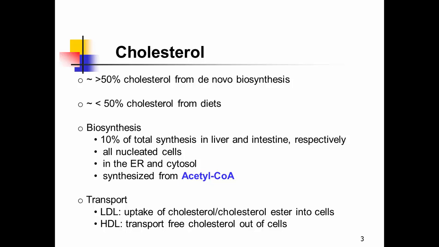And again, here I wanted to emphasize the acetyl-CoA molecule, right? It's very important. Cholesterol is also synthesized from acetyl-CoA, so acetyl-CoA is the starting molecule of cholesterol. Now, transport: cholesterol can be transported between tissues, and two very important lipoproteins are responsible for transport of cholesterol.